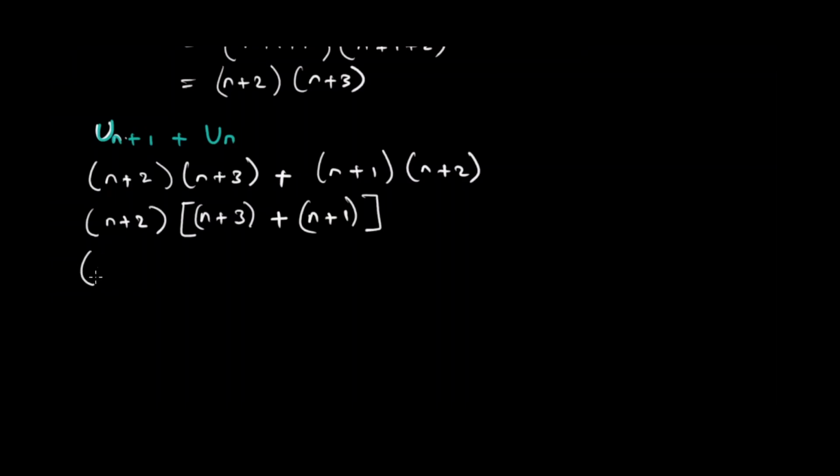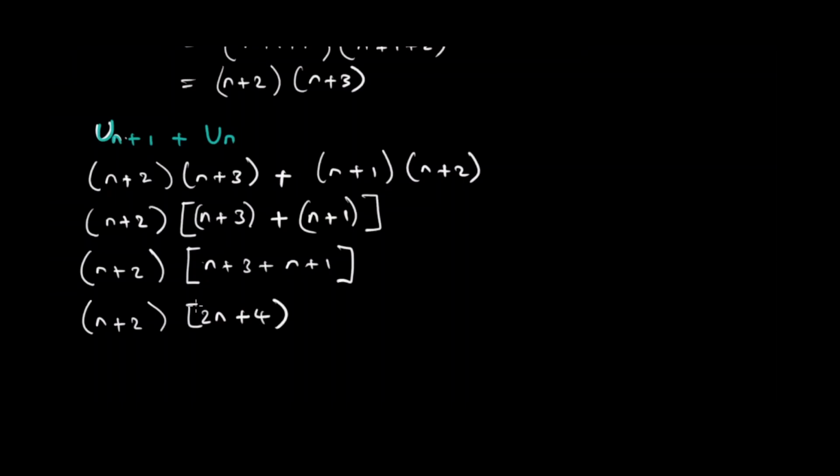So this will be equal to n plus 2 times 2n plus 4, like this. That is our final answer.